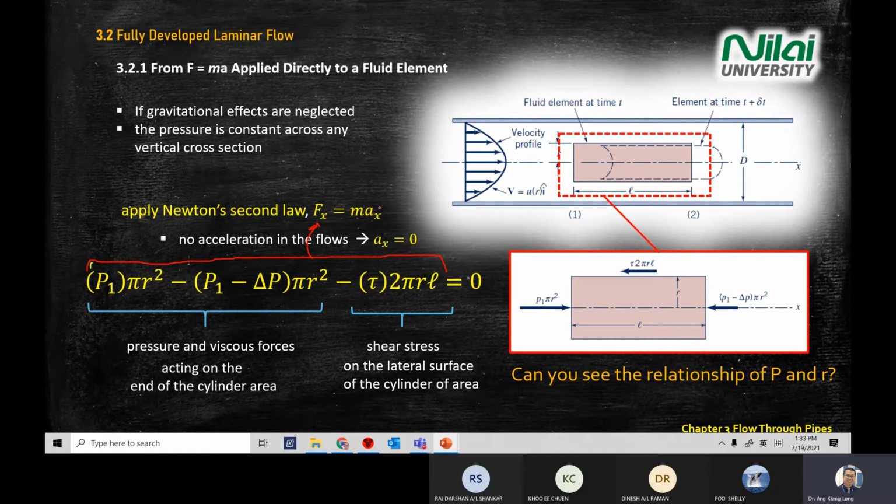And since we have a steady flow, the acceleration component is 0, that's why 0 times mass, you get 0 on this side. Okay. So from here, you have pressure, pi is a constant, you have the R, you have the L. So we're going to use this equation to develop the relationship between pressure and radius.